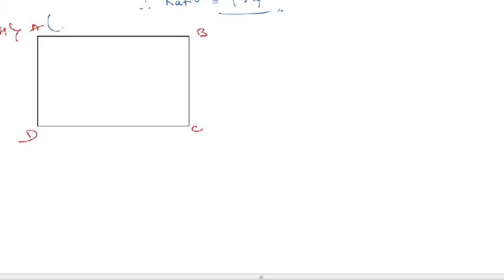A coordinates -4, -2. B coordinates -3, -5. C coordinates are 3, -2, and D coordinates are 2, 3. So find the area of the quadrilateral.